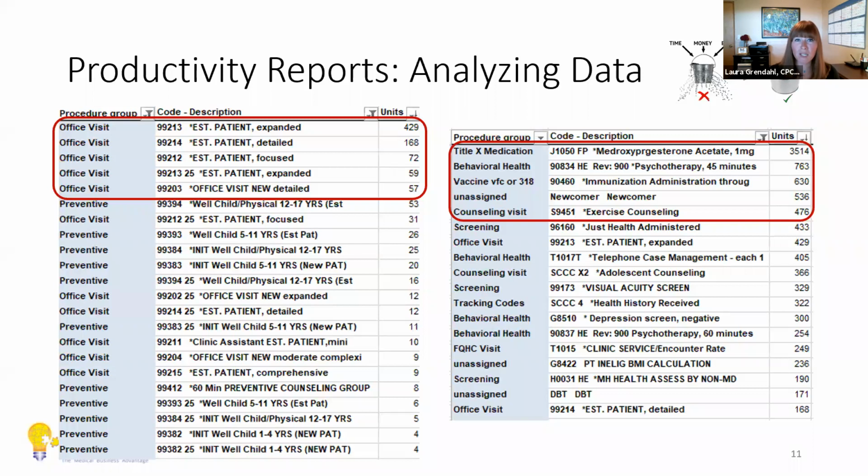So that's a really big area where we have seen in past reviews with clinics that they're losing a ton of money because they're thinking, hey, we gave 1 shot, we put it in as a 1, and then we send it off, and they're maybe only getting cents on a dollar comparatively to what that shot actually cost.